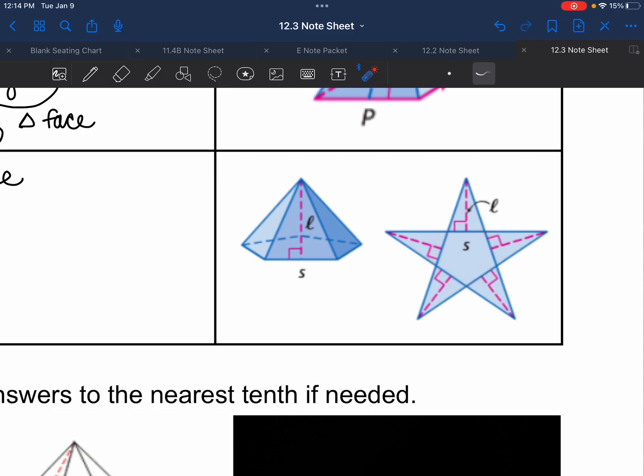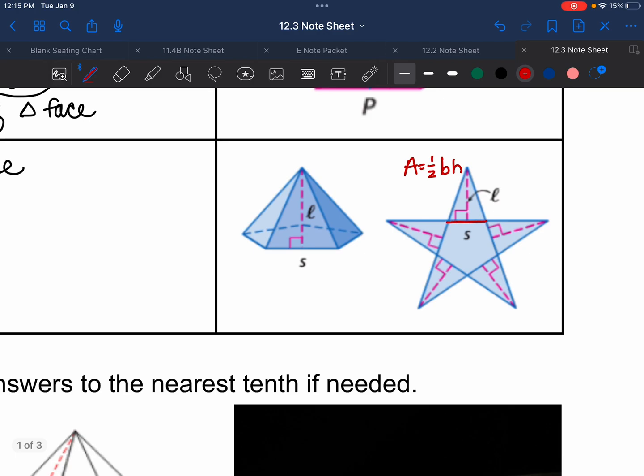Your lateral area is the sum of the areas of all of these triangles. The area of a triangle is 1/2 times the base times the height. If you look at all these triangles, this base is congruent to this base, which is congruent to this base, and so on. Same with the heights. The heights are marked by this cursive L here, and they all have the exact same height because all the triangles reach up to the same peak.